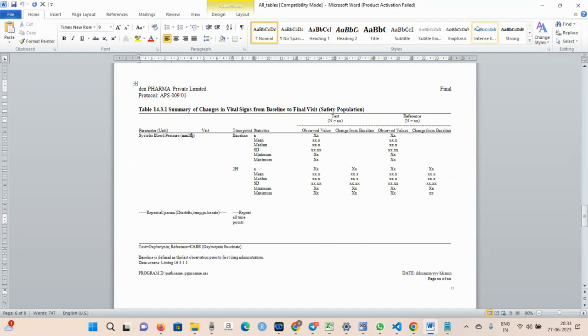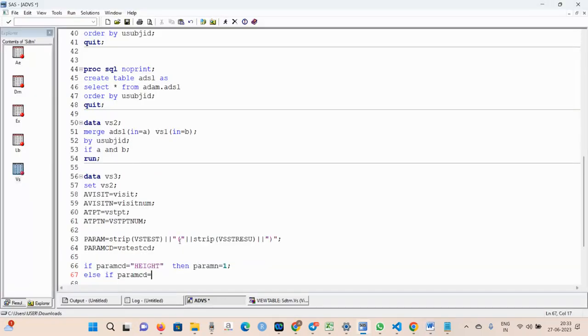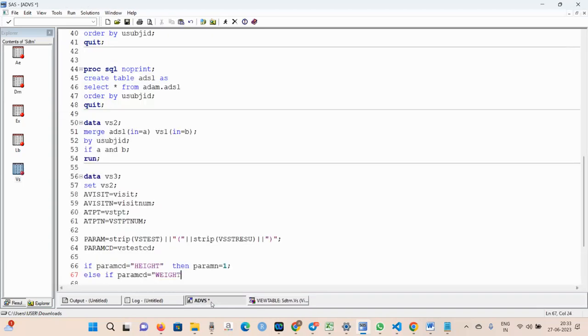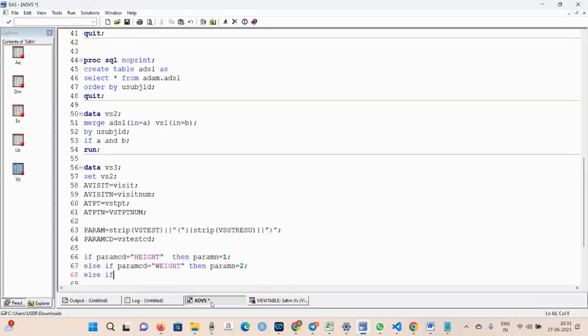But I'm taking the first height, then weight, then PARAMN equal to 2. BMI 3.